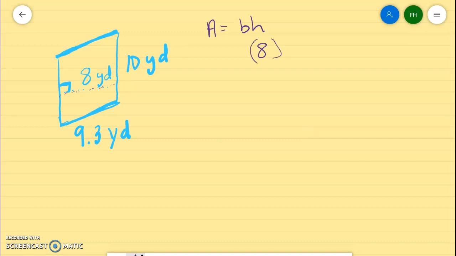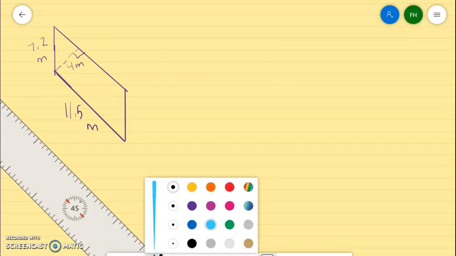So that means your base has to be 10 and not 9.3, because 9.3 is not connected to the height. Remember, the height measures from one base to the other base at a right angle. So your bases are these two sides. So that would be 80 square yards.